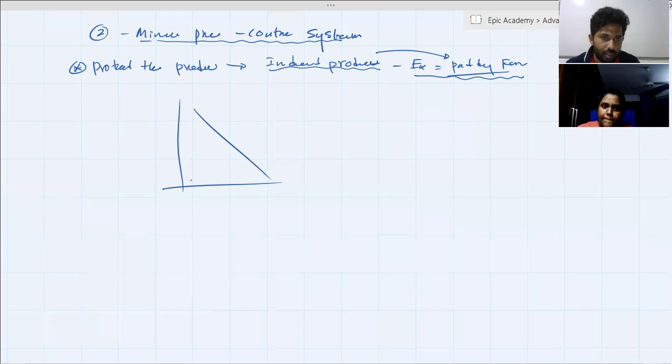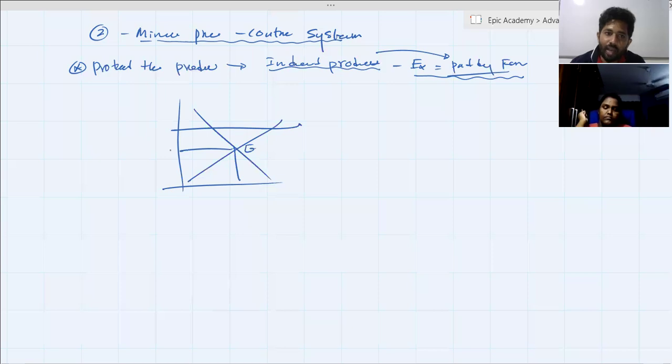This is the demand and this is the supply. This is the equilibrium price. So the minimum price must be here. Now you can identify that after increasing the price, the producer will be happy. Why?